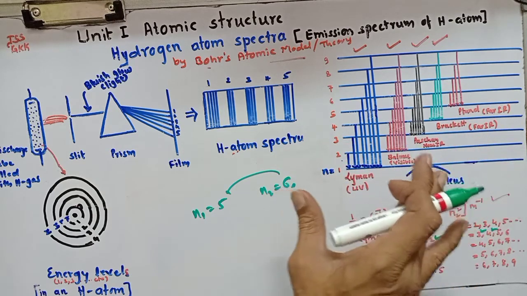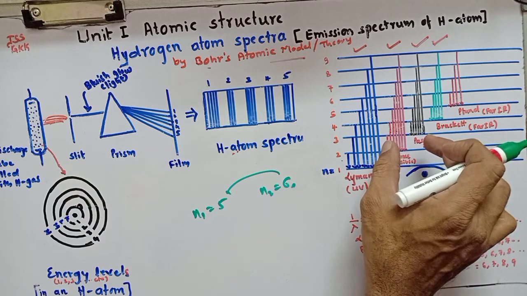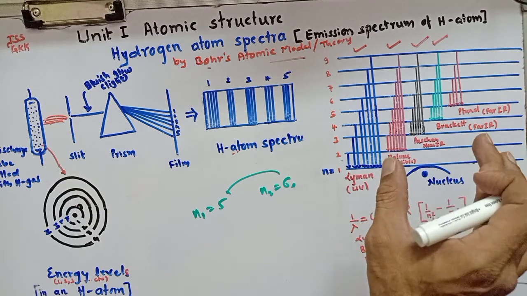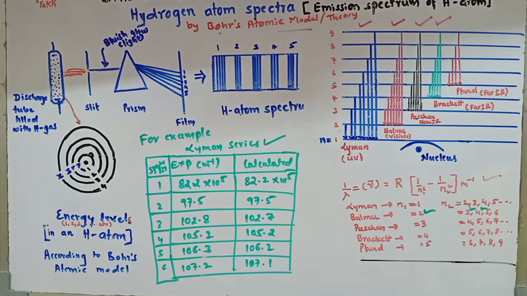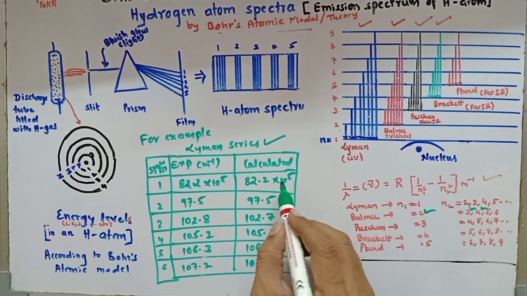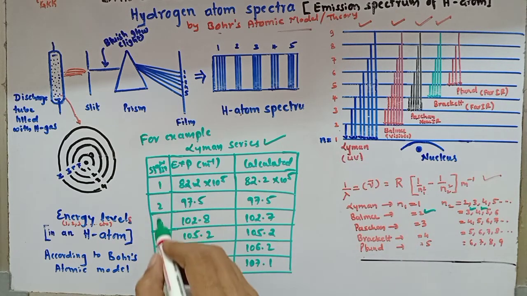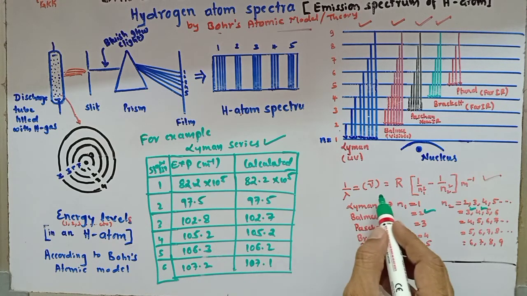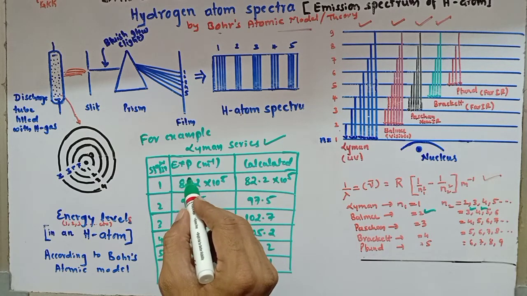Here there is a great agreement between the theoretical and experimental values, which becomes the strongest support for Bohr's atomic model. Thus, Bohr calculated the first six spectral line frequencies with the help of the Rydberg equation and compared them with the experimental values.